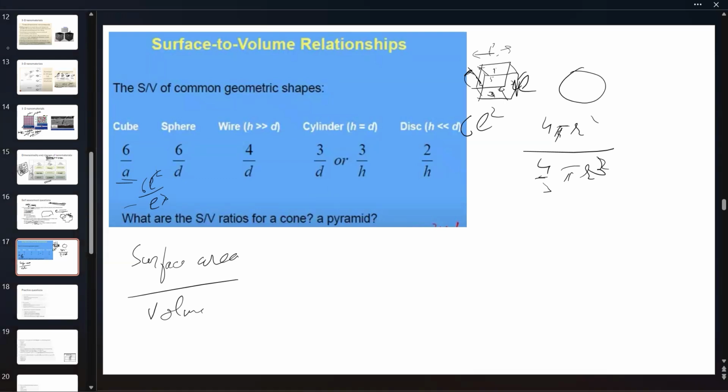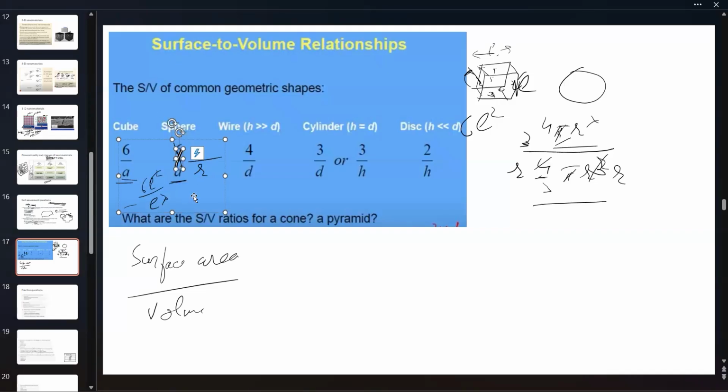Surface area for a sphere would be 4 pi r square. Volume would be 4 by 3 pi r cubed. Pi pi cancel, r square over r cube gives 1 over r, 4 and 4 cancel, so 3 by r. This is correct actually.